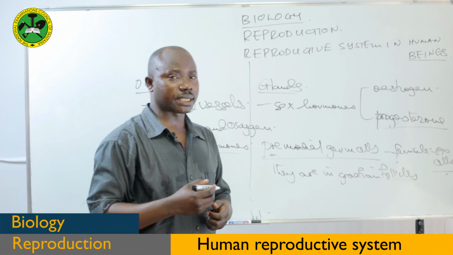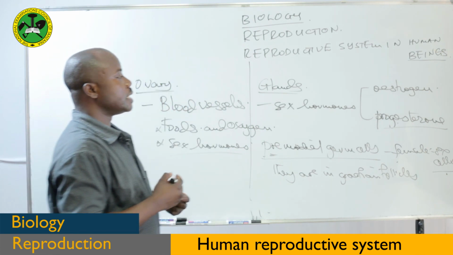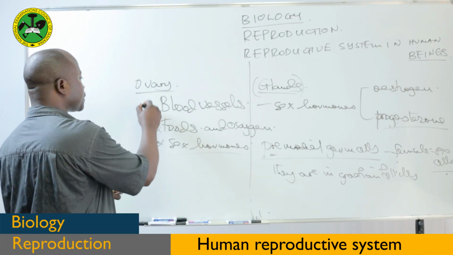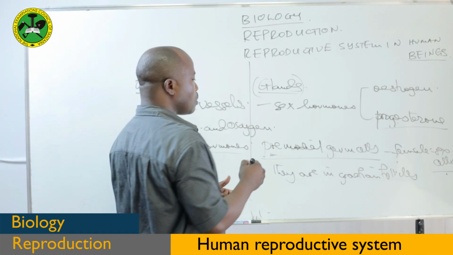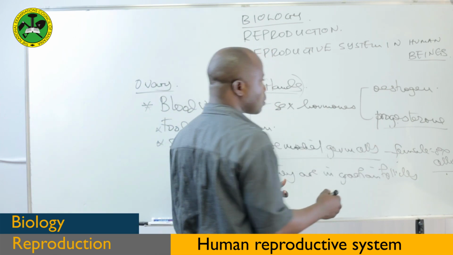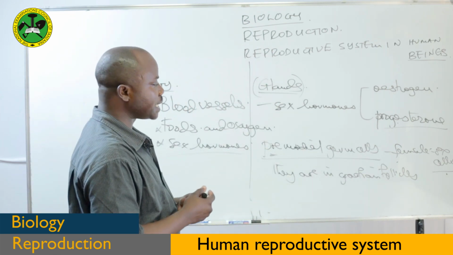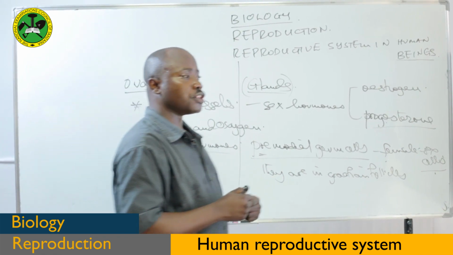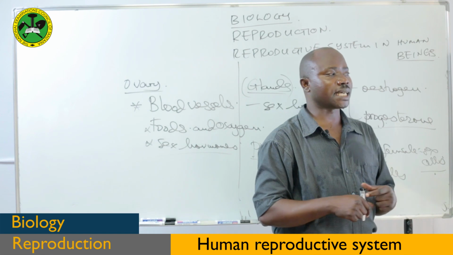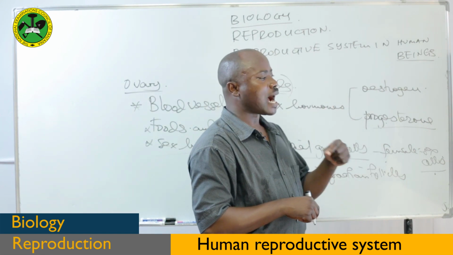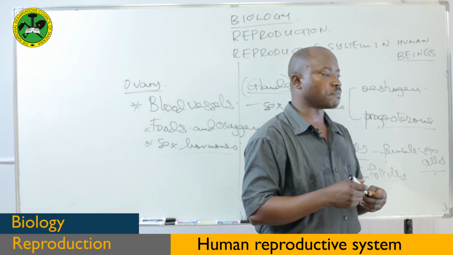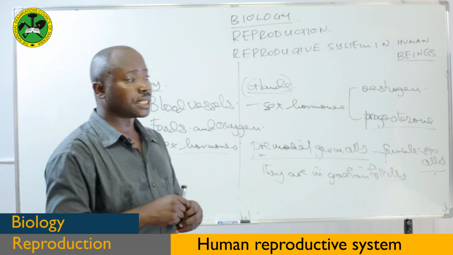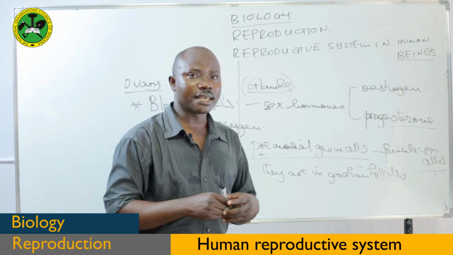Therefore, to answer this question, you'll have to explain the role of this gland, the role of the blood vessels, and the role of the Graafian follicle that contains the primordial germ cells. By so doing, you will have answered this question that asks you to explain how the ovary is adapted for the process of oogenesis. Now, let us see the next question that can arise from this area.